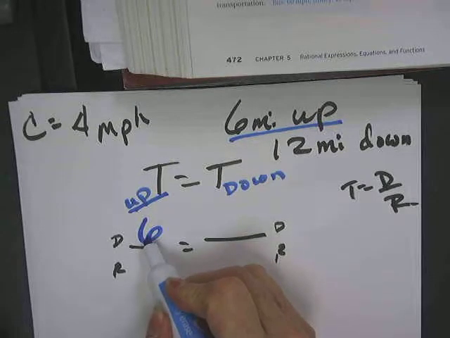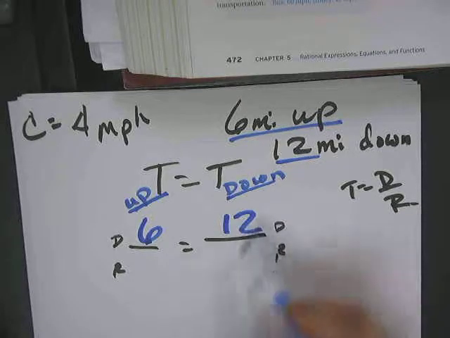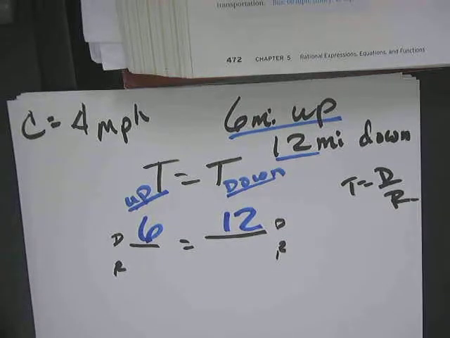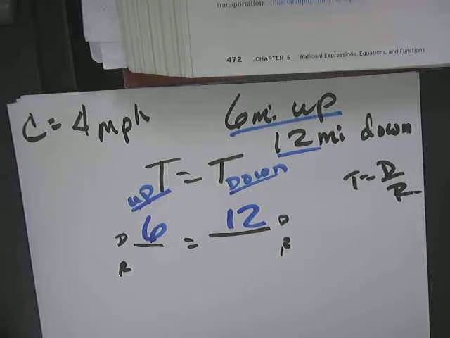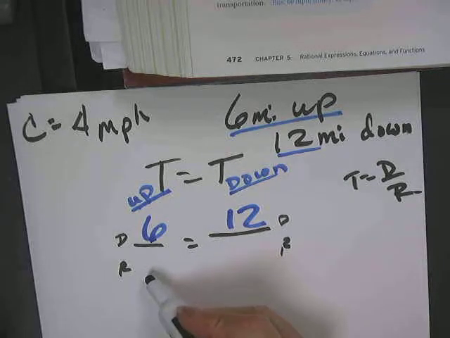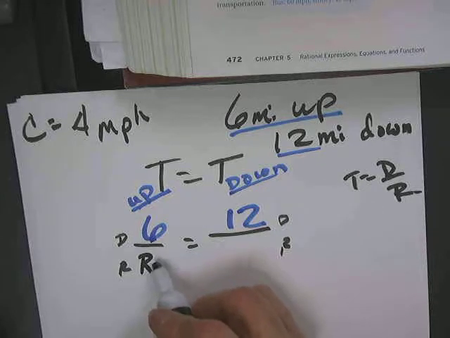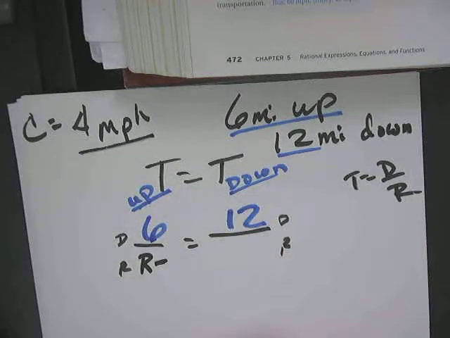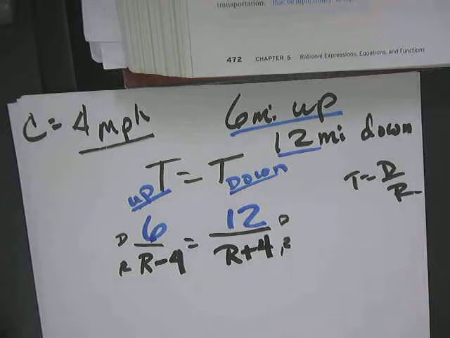Okay, so we need to say one's up and one's down. Upstream, downstream. What is time equal to? Distance over rate, right. So this will be distance, rate, and this will be distance, rate. The distance upstream was 6 miles.